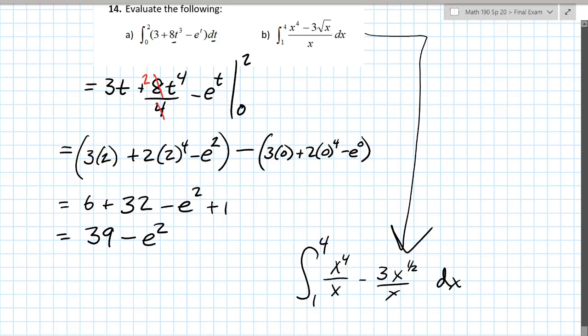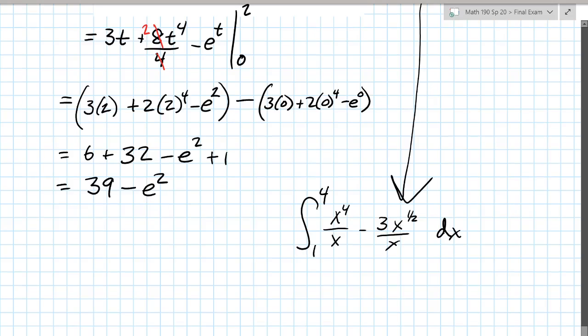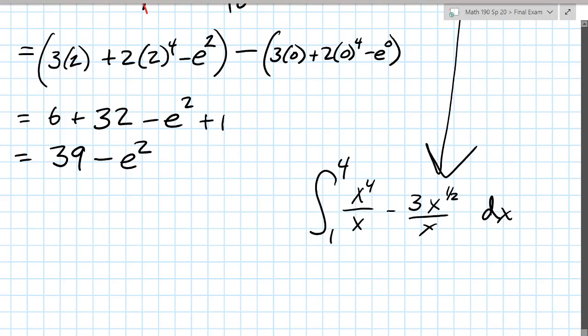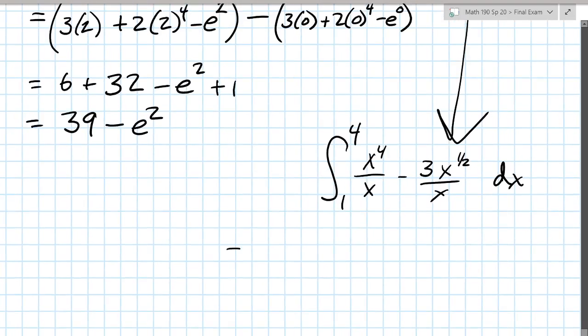I'm going to simplify this so that it becomes a power rule type problem that I can work with. X to the fourth divided by x is simply x cubed. X to the 1/2 divided by x is x to the negative 1/2.